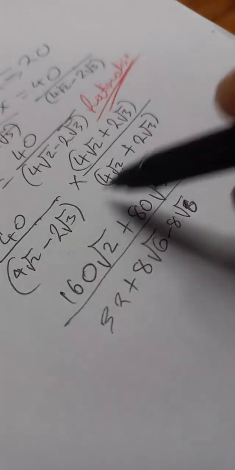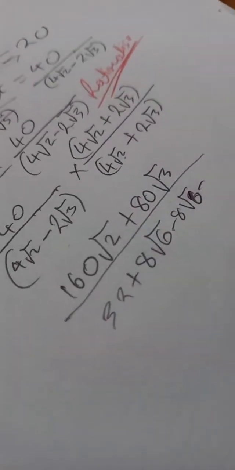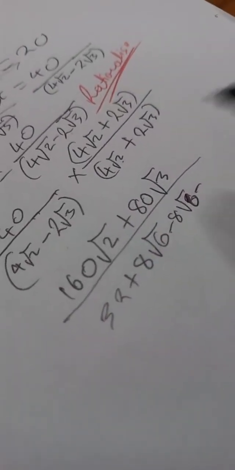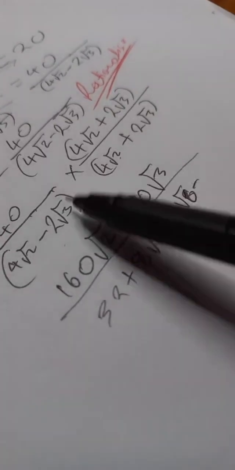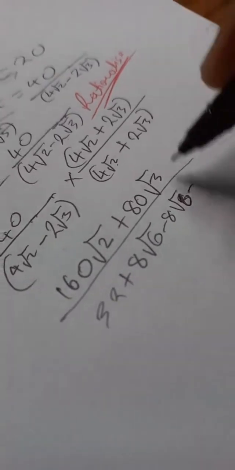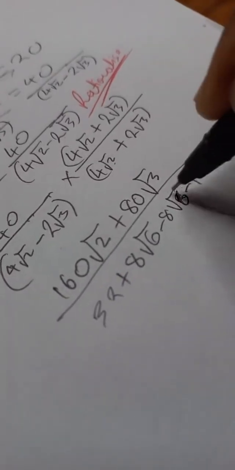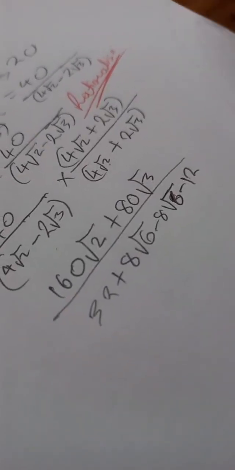Then 2 by 2, 4, and 4 by 3, 12, negative 12. And then this is going to be 0.